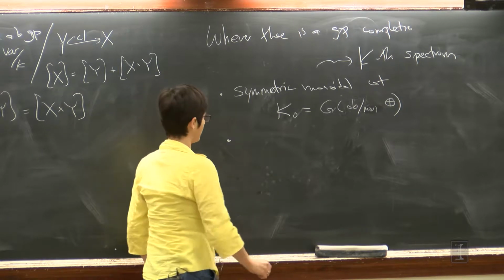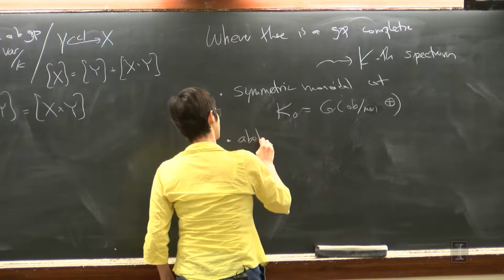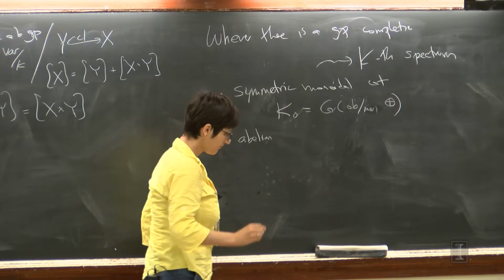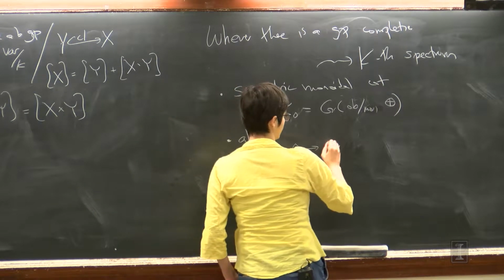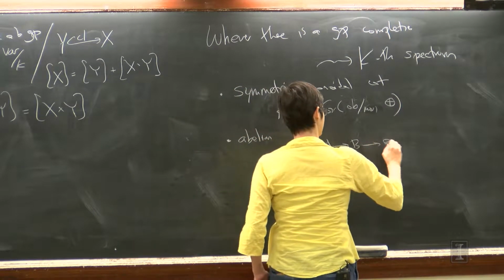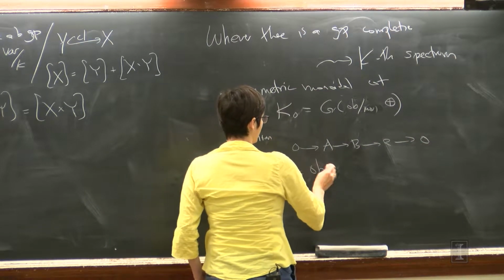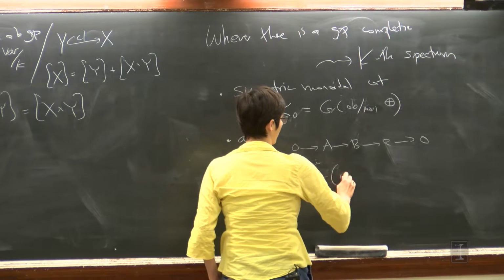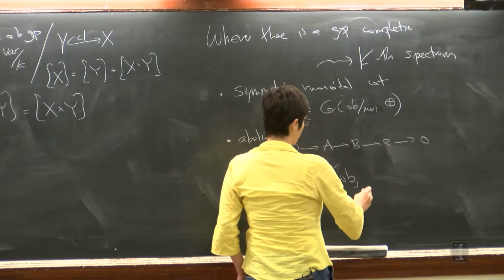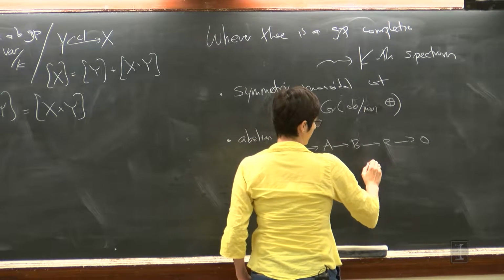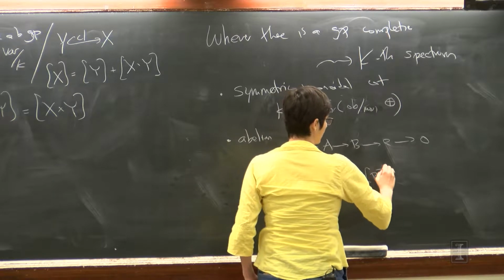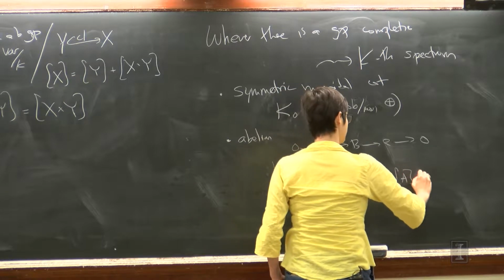The second example is whenever you have an abelian category, we have exact sequences. And then K0 is going to be the group completion of objects with the relation that whenever you have one of these, B is A plus C.